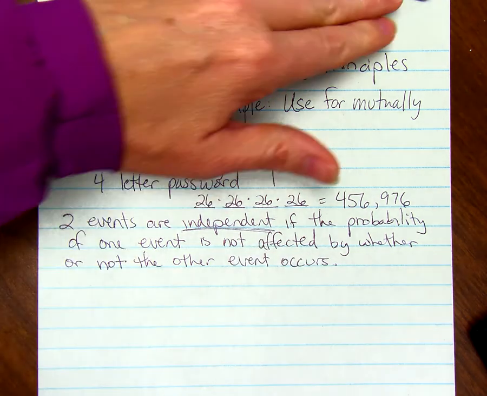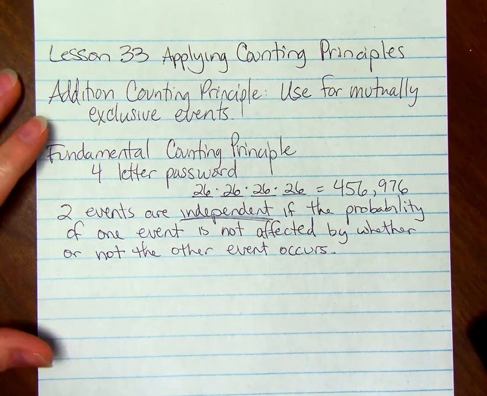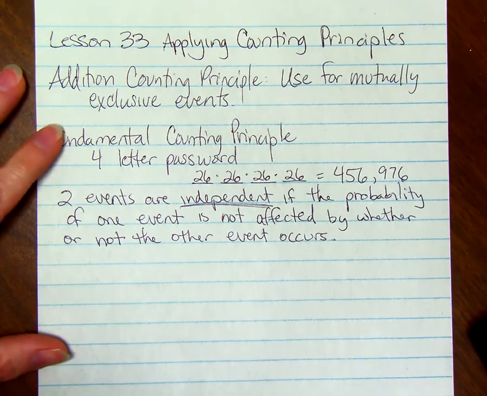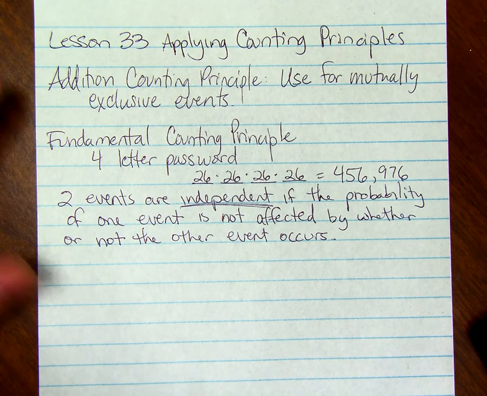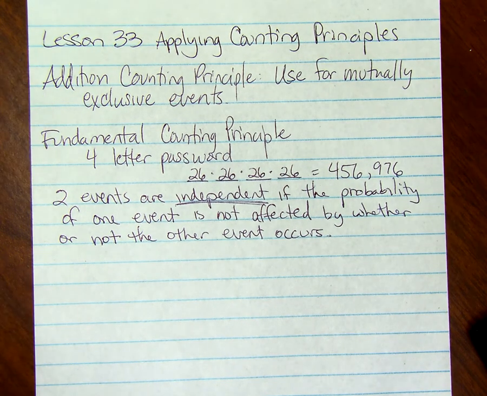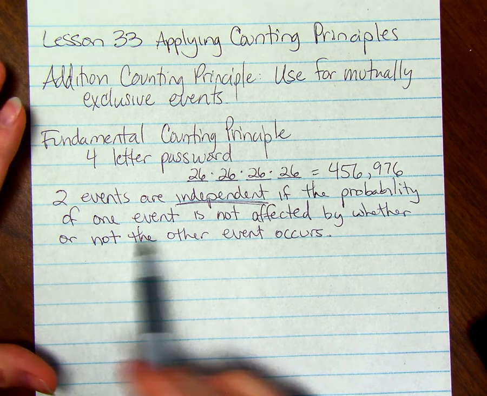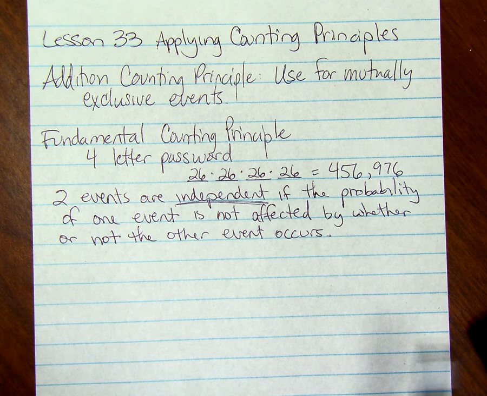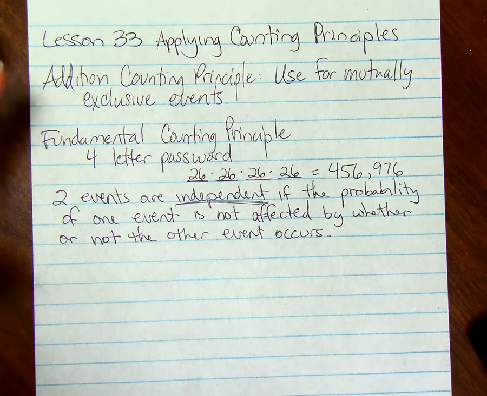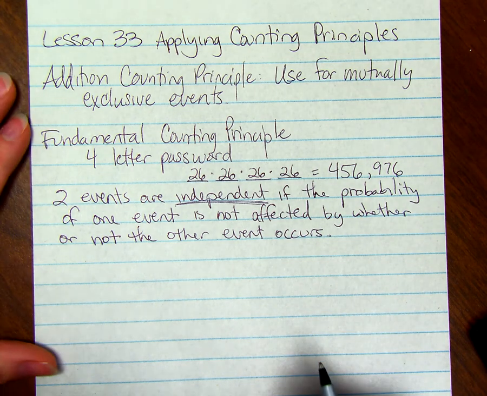So in other words, if I am spinning a spinning wheel with different colors on it, to spin it twice would be an independent event, because the first time you spin the spinner you get a color, and you spin it again, and it's possible to get any of the colors again. So it's independent. It doesn't matter the second time you spin it what you got the first time.